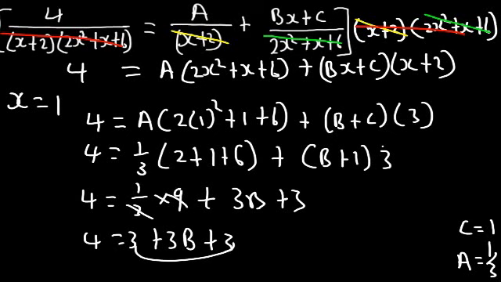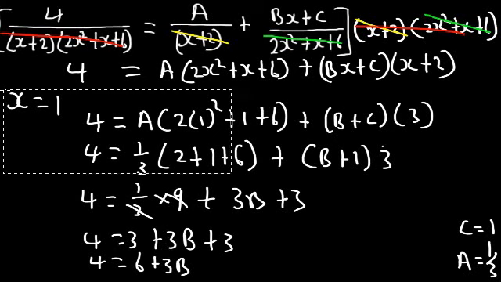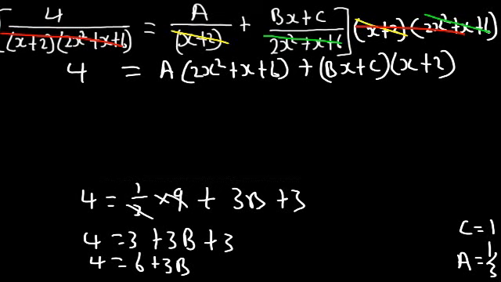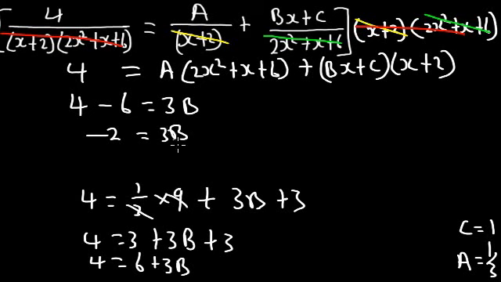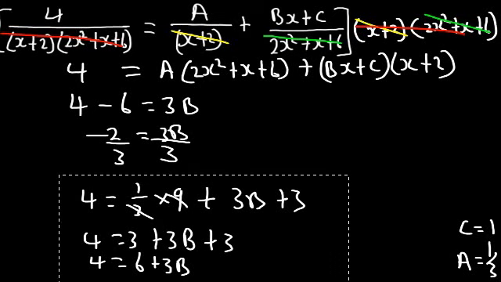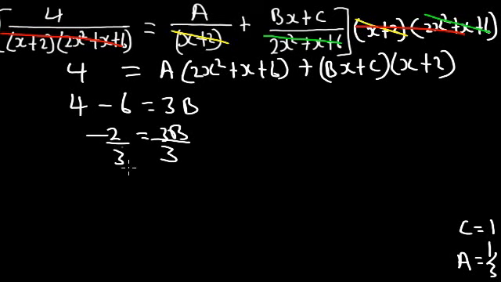Adding this up, we have 6, then 4 equals to 6 plus 3b. So we can subtract 6 from both sides in order to determine the value of b. So therefore 4 minus 6 equals to 3b, and eventually negative 2 equals 3b. So dividing negative 2 by 3, we have b to eventually result in negative 2 by 3.